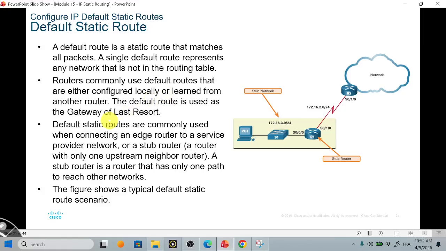The default route is used as the gateway of last resort. What does gateway of last resort mean? It means that if I don't have any other route, I use this default route.